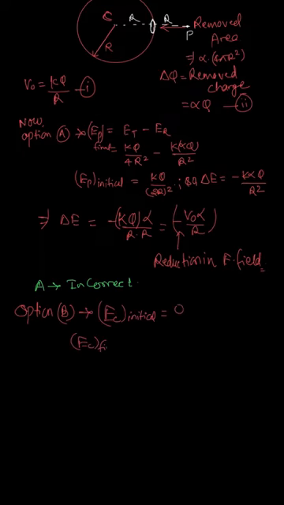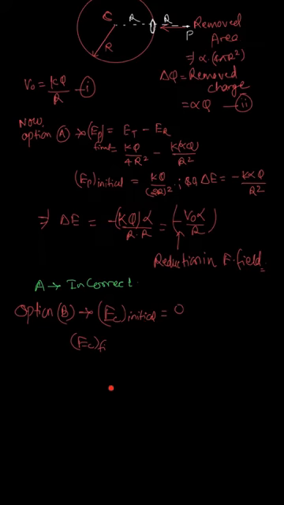Now option B. Here we have to find out the reduction or the increase of the electric field at the center. So initially, it was a full spherical cell, and there was a charge Q, which is having a potential of V naught. So initially there was no electric field at the center because it was uniformly charged.